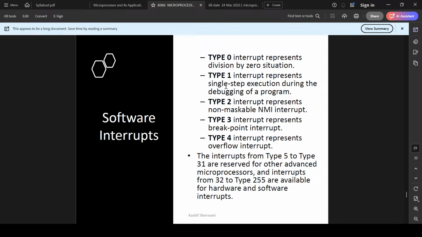Type 2 is the non-maskable NMI interrupt. Type 3 is the breakpoint interrupt. Type 4 is the overflow interrupt. The interrupts from type 5 to type 31 are reserved for other advanced processors.